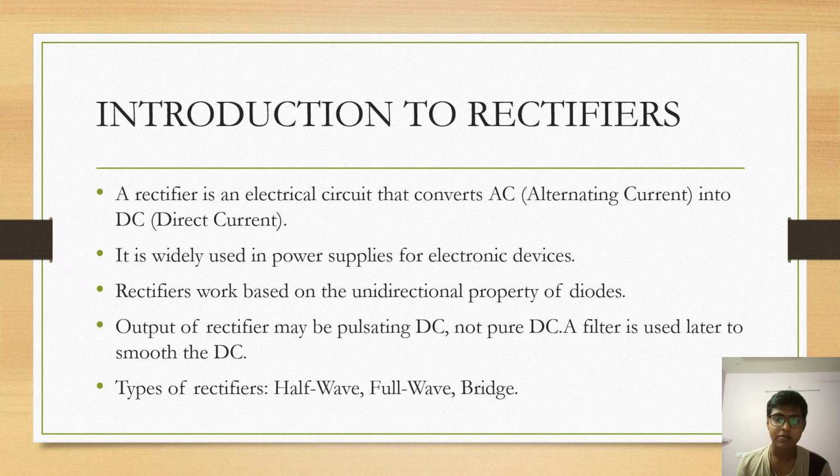Types of rectifiers: half wave rectifier, full wave rectifier, and bridge rectifier. These are the three main rectifiers. In the half wave rectifier, the half wave is repeated in a period of time, but in the full wave, both positive and negative halves are shown in the output signal, only on the positive x-axis, positive y-axis.